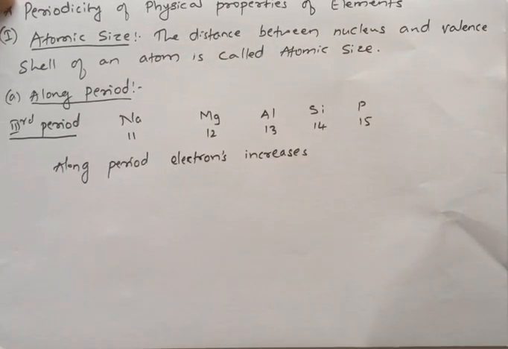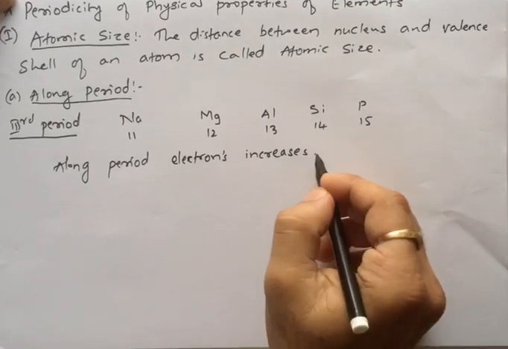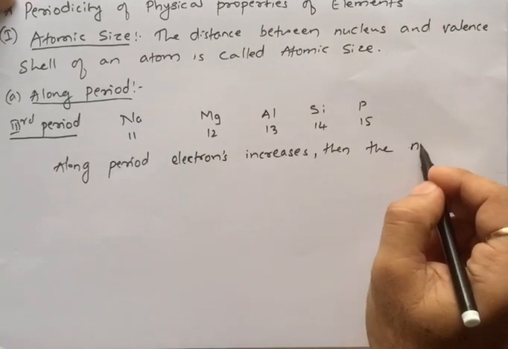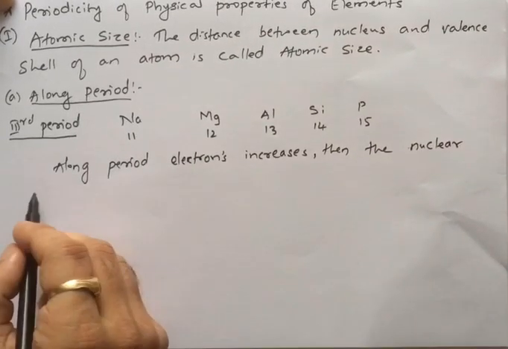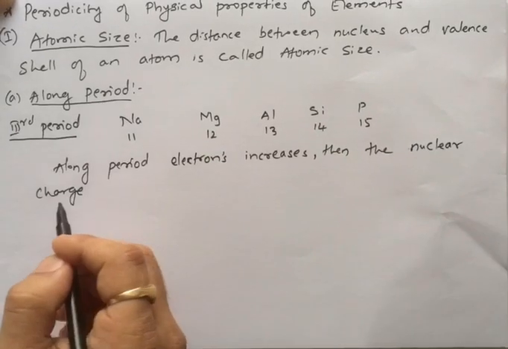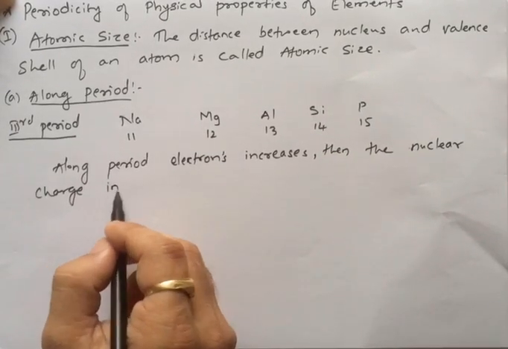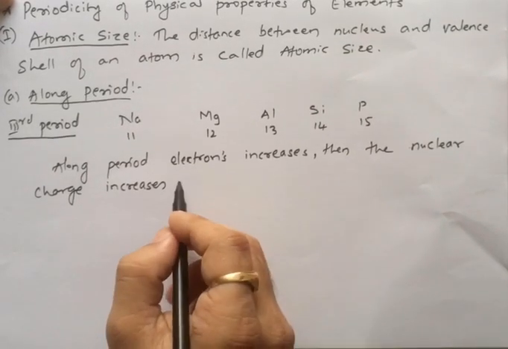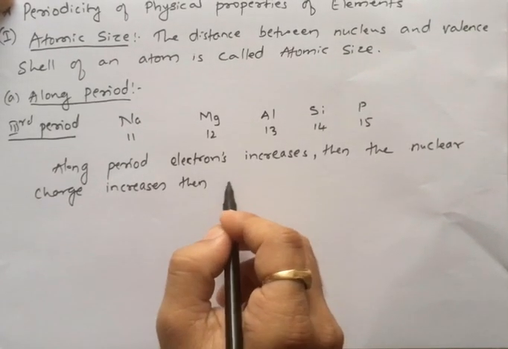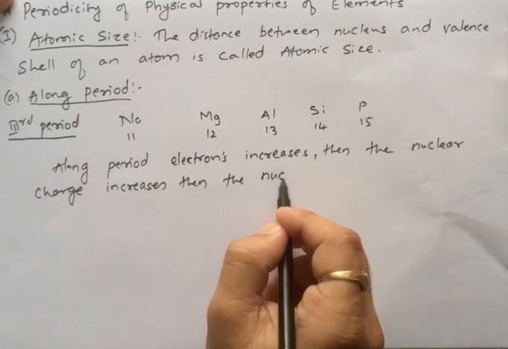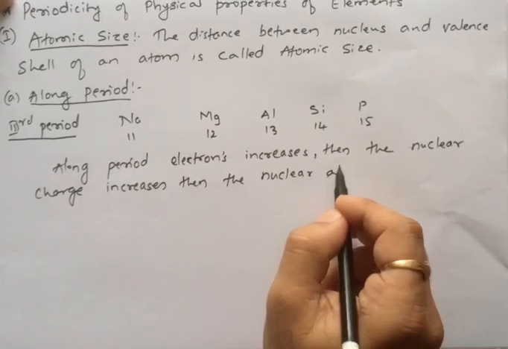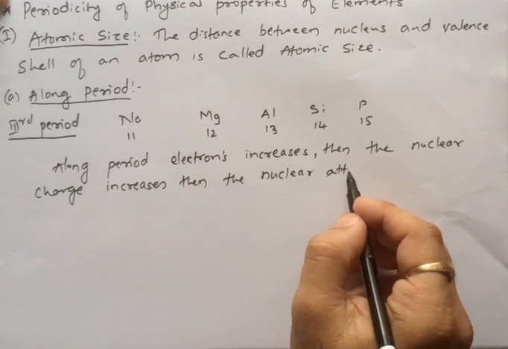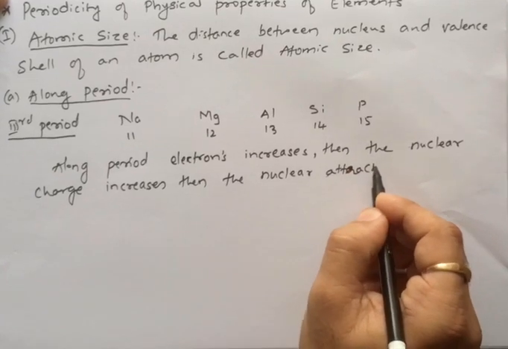If electrons increases one by one, then the nuclear charge increases. Correct or no? If nuclear charge is increasing, then the nuclear attraction, that force of attraction from the nucleus to the electrons in the valence shell, increases.